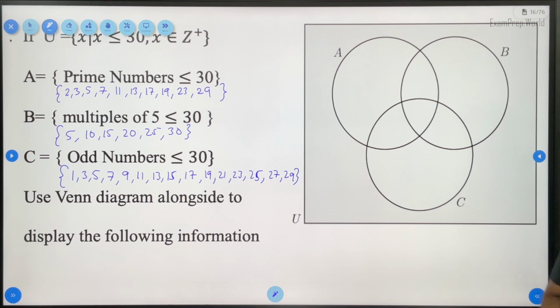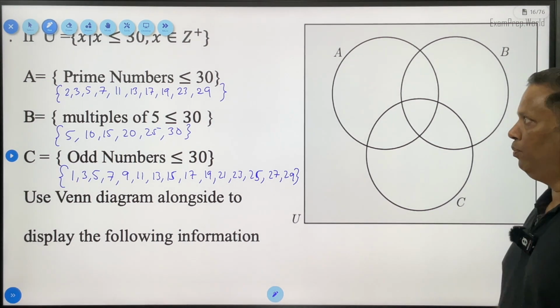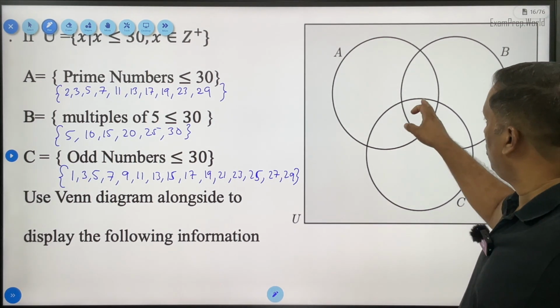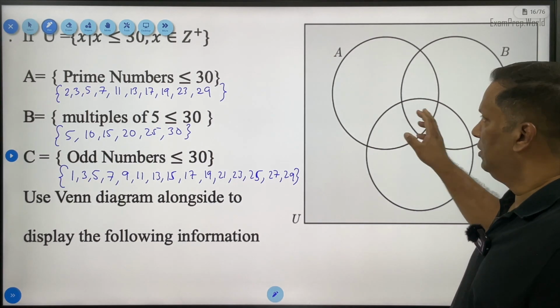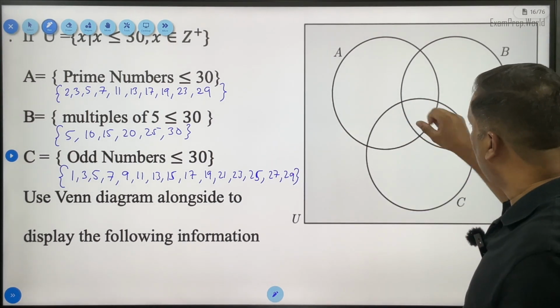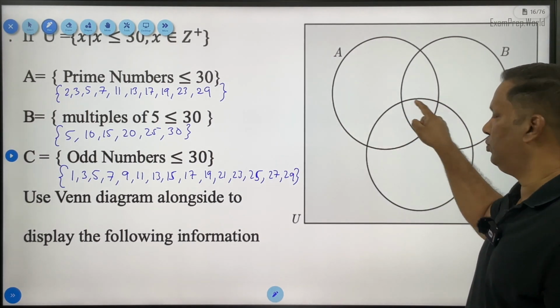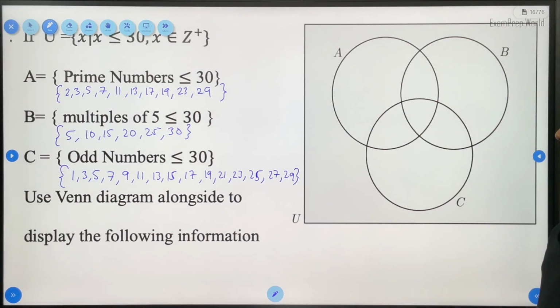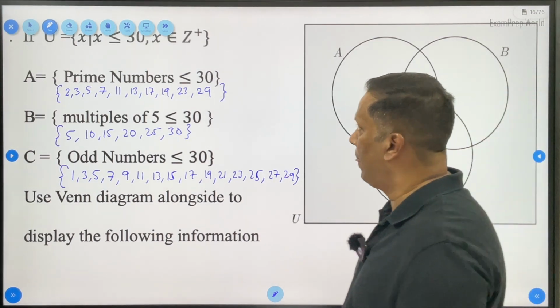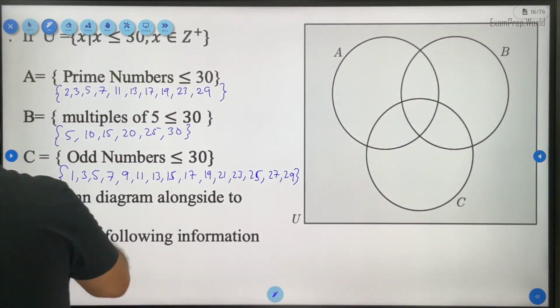Once you have defined all three sets, we have to see which numbers are common in all three sets, and that we will include in this particular common area. So what are the things which are common? I see 5 is there in all of them.